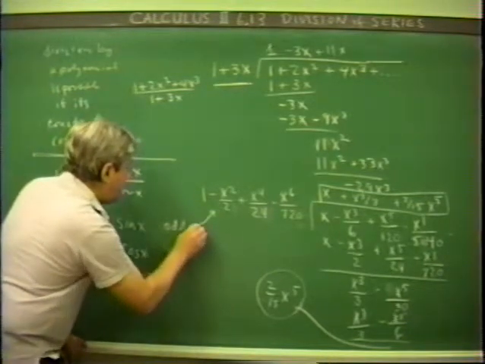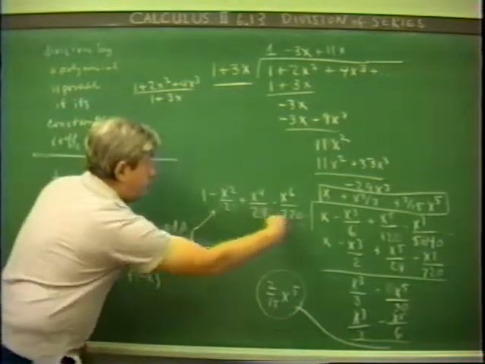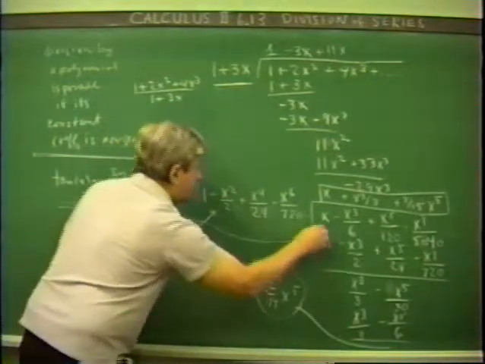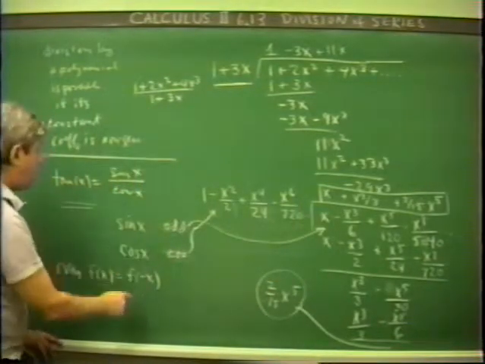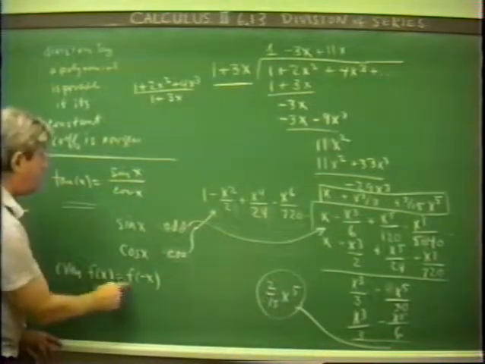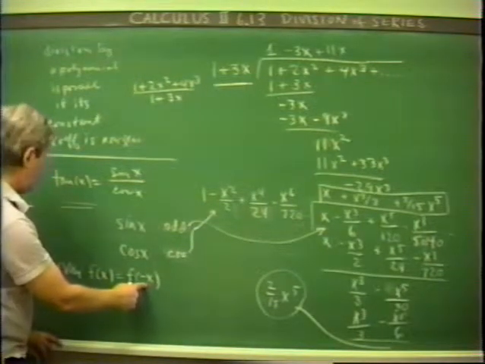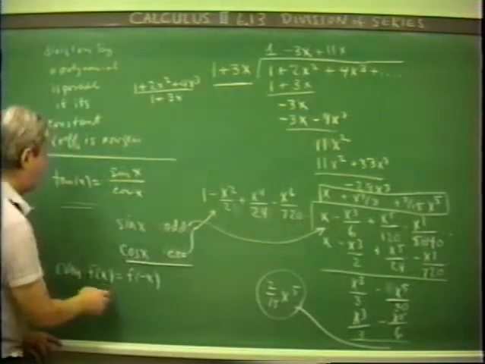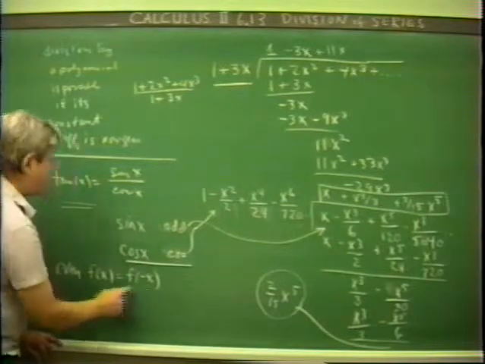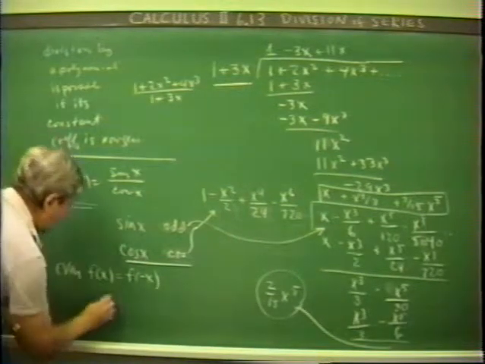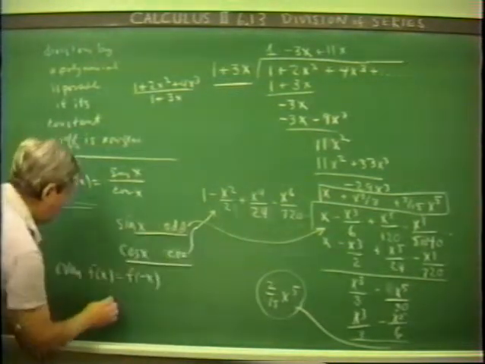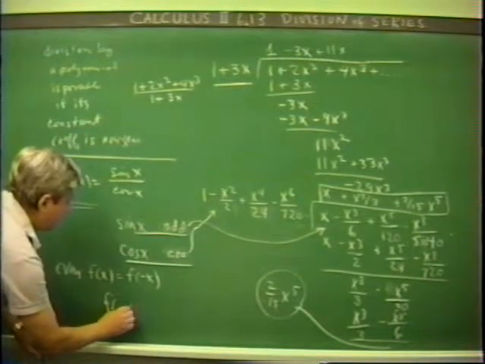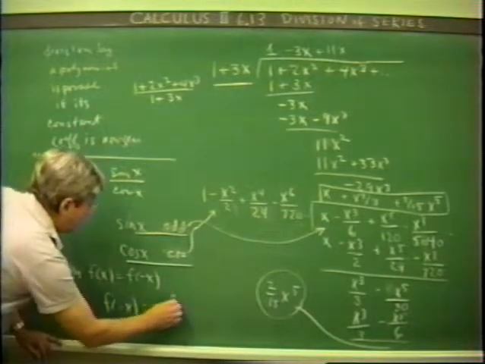So sine x is the odd one here, and cosine x is even. We're dividing the even one into the odd one over here. Well, cosine x is an even function: cosine of minus x is the same as cosine of x.